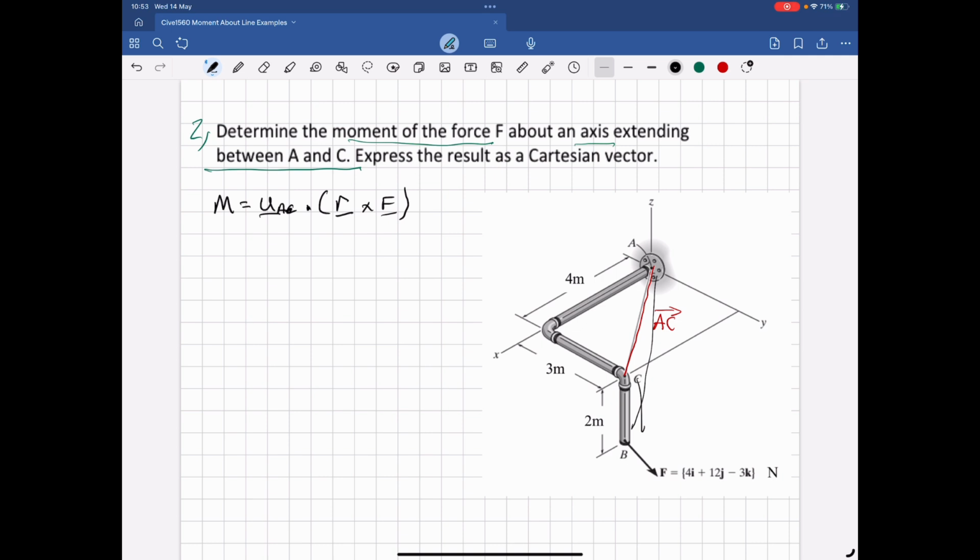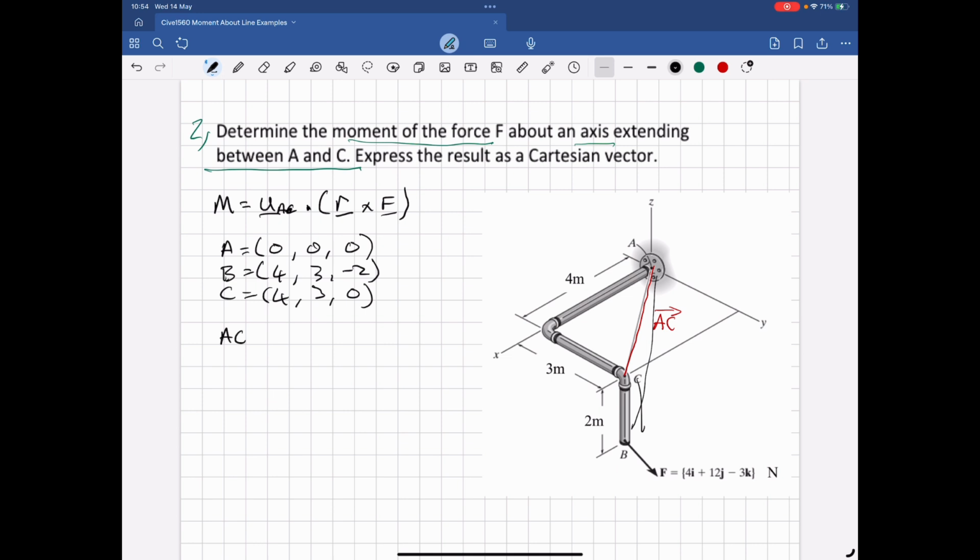Okay, so if we know we're going to calculate that equation, then what we need to at least find is this vector AC. But let's just write down, as we did before, the position vectors of the points that we have. So A is 0, 0, 0, B is 4, 3, minus 2, and C is equal to 4, 3, 0 as previously.